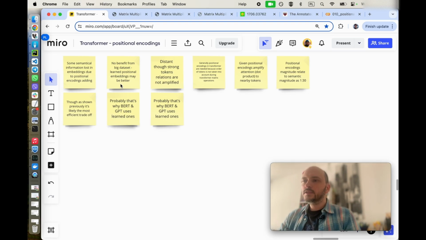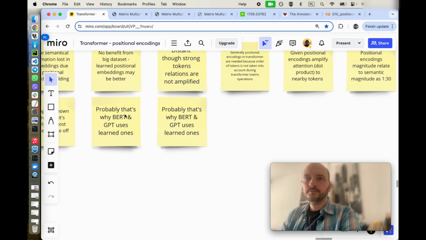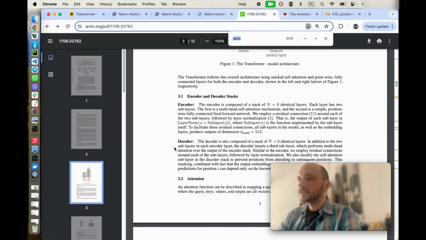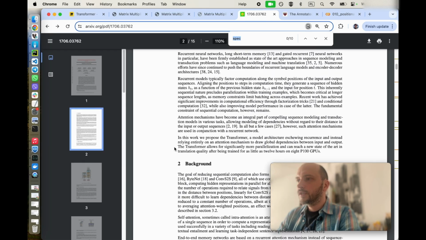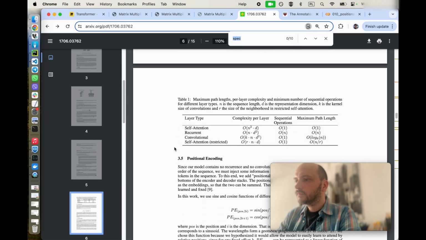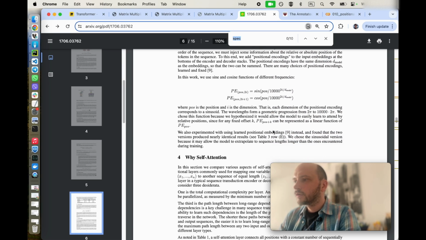And I believe that's why BERT and GPT are using learned positional embeddings, because on a bigger dataset they probably see a bigger improvement. In the paper, the authors said that they tried learned embeddings, though the result was almost the same.